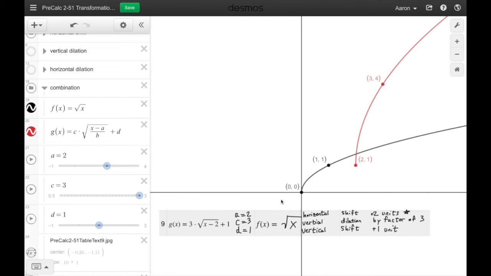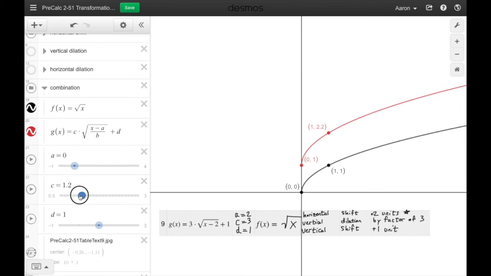Okay, so let's do the same thing again for this point here, 3, 4. If we don't have a calculator, or we don't have Desmos at our side, then how do we plot that point? How do we know how it gets transformed? So we start with the parent function, 1, 1, and then we have to go A, B, C, D order. That's PEMDAS order.